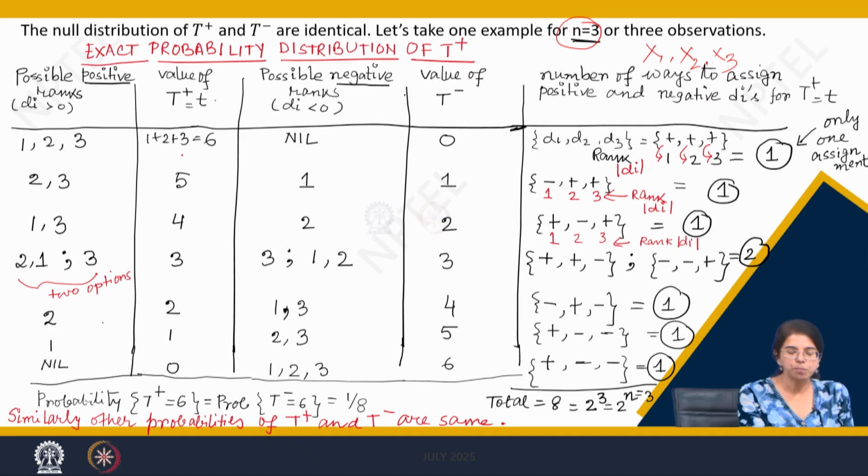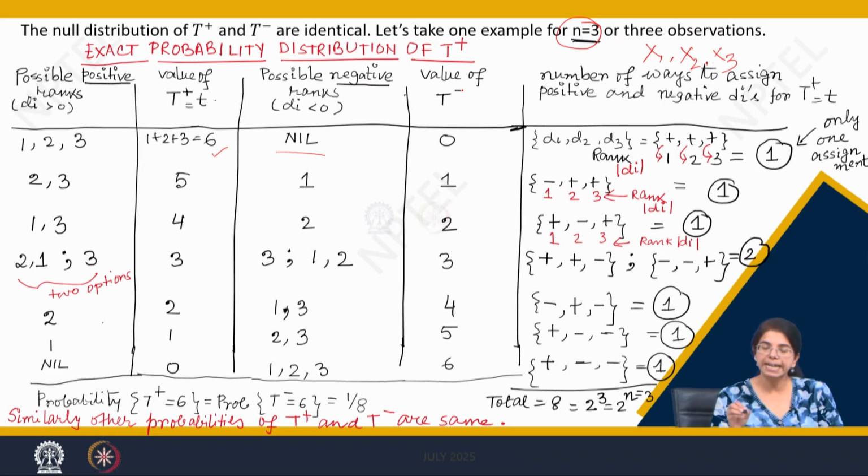So 1 plus 2 plus 3 is equal to 6. What will be the possible negative ranks? Is there any negative rank? No, there are no negative ranks. So we are writing it as nil. So the value of T minus, that means sum of the ranks of the negative observations, is invariably 0.